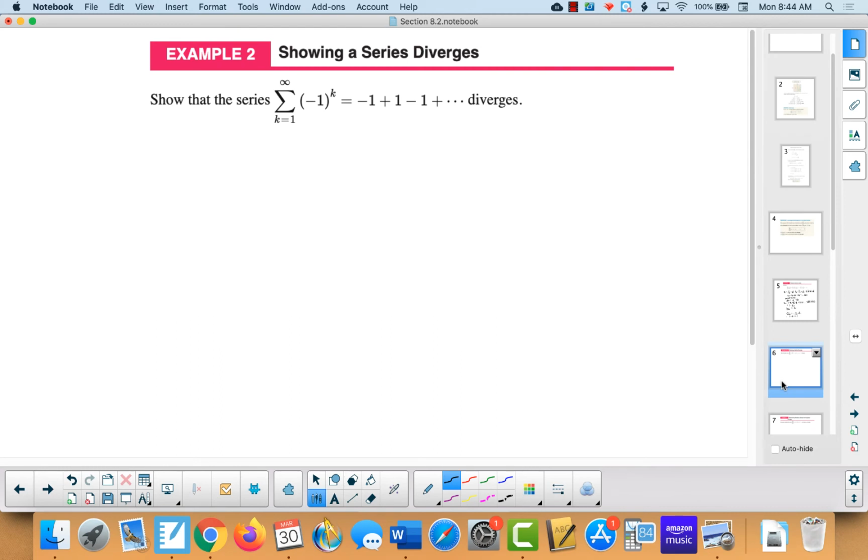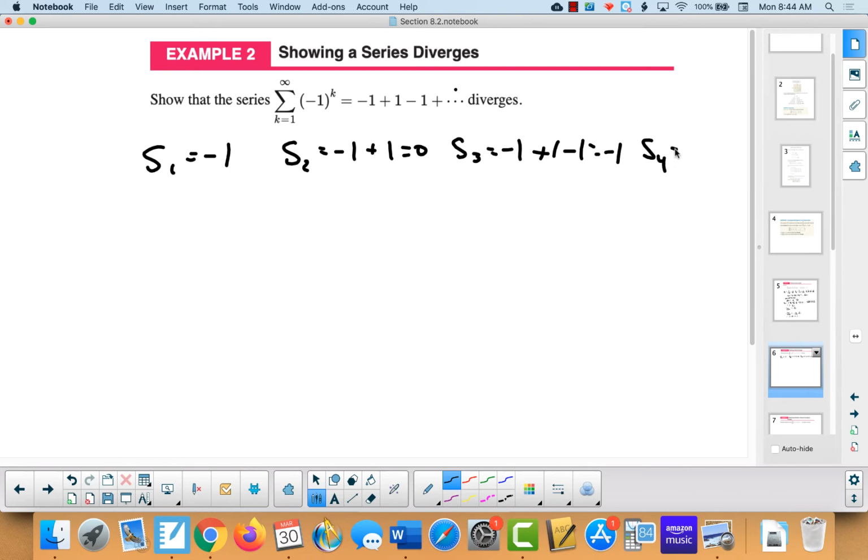We can show that this one diverges because S sub 1 would just be -1. S sub 2 is -1 plus 1, so it's 0. S sub 3 is going to be -1 plus 1 minus 1, so it's going to be -1 again.